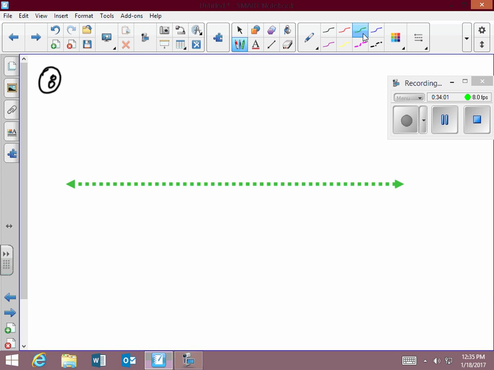I'm not going to draw out the number line. I'm just going to draw the points and establish their coordinates. This one is called A. This is called B. This is called C and D.